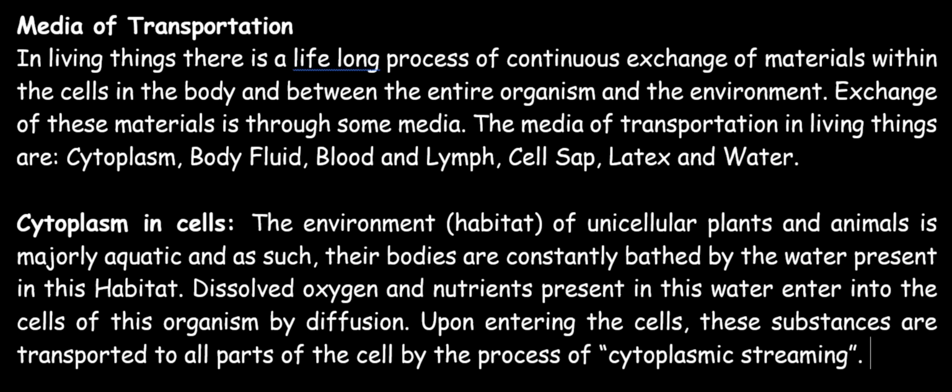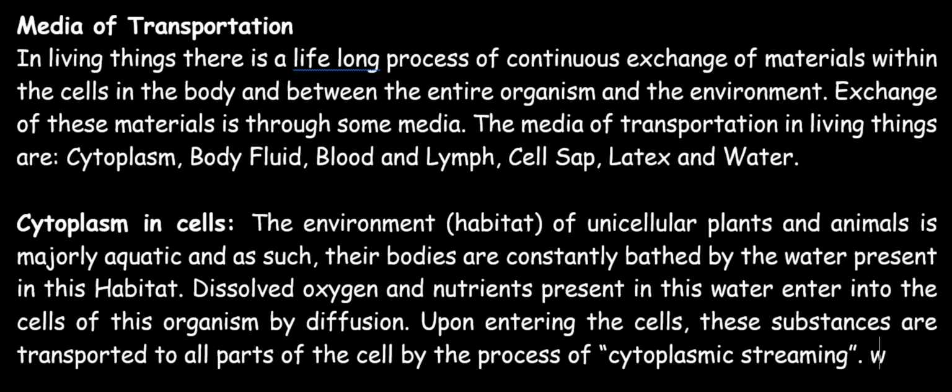Cytoplasmic streaming is a process that helps to distribute nutrients and materials through the cell. It can also be called protoplasmic streaming and is the directed flow of the cytoplasm within cells. So these materials are transported by the process of cytoplasmic streaming.